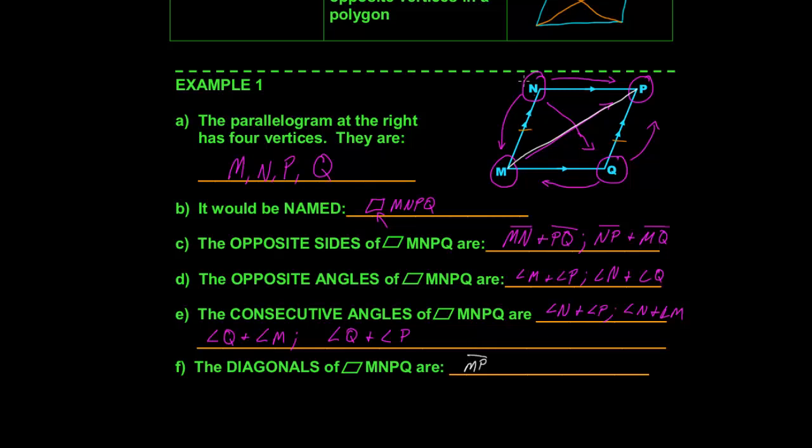So that's a diagonal. Also, we start here, we come all the way down and across, we have NQ. So, there we have it named. We found the opposite sides of one another, the opposite angles of one another, consecutive angles, and our diagonals.